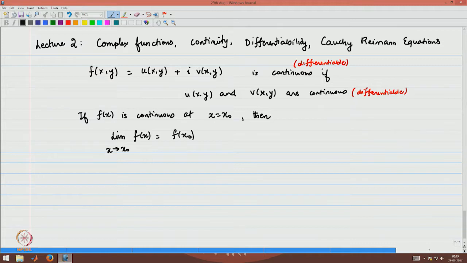Formally, you can also say that this is the same as the limit as x tends to x 0 from the positive direction, and this should be equal to the limit as x tends to x 0 from the negative direction. And all of them should be equal to the value of the function at x 0.